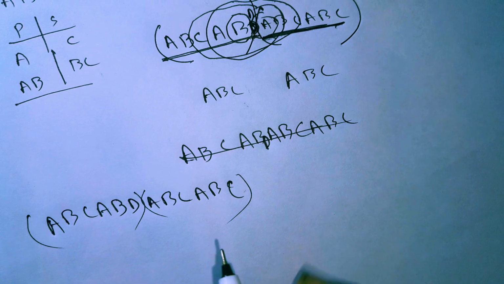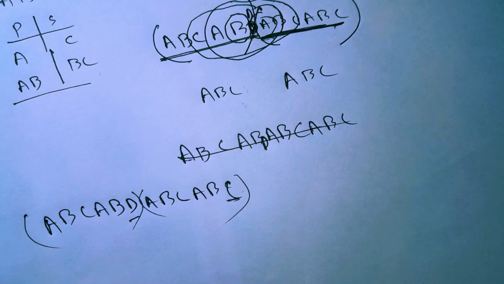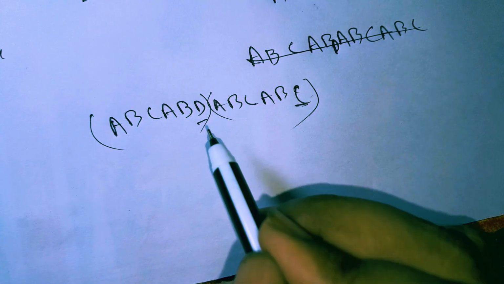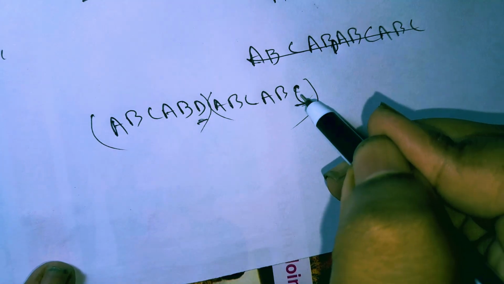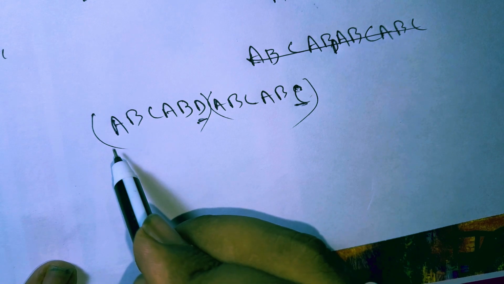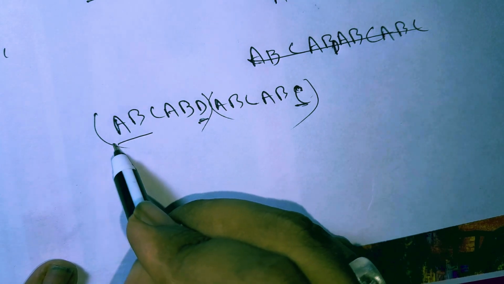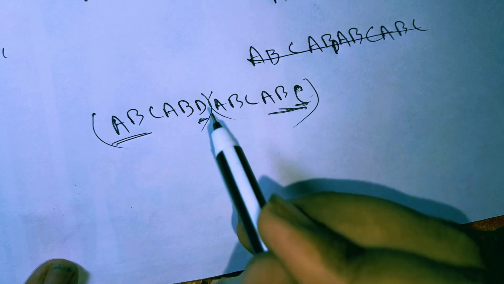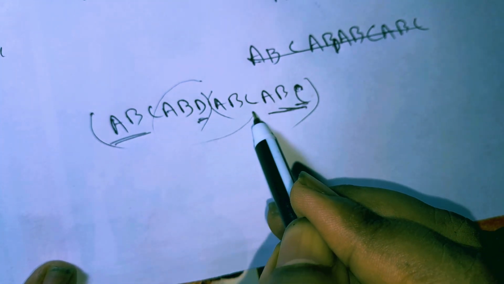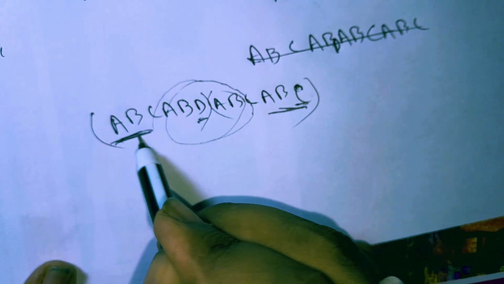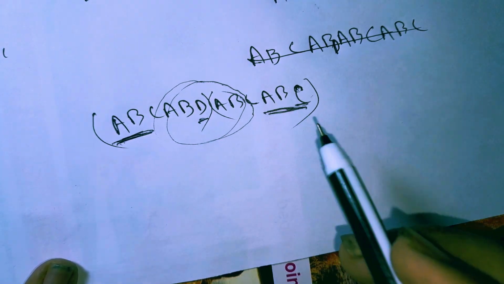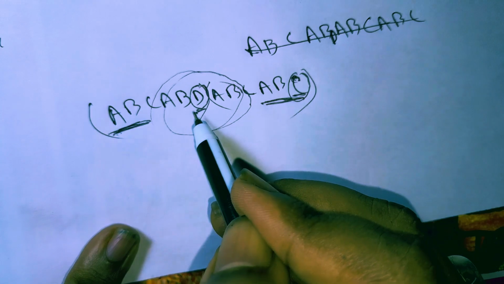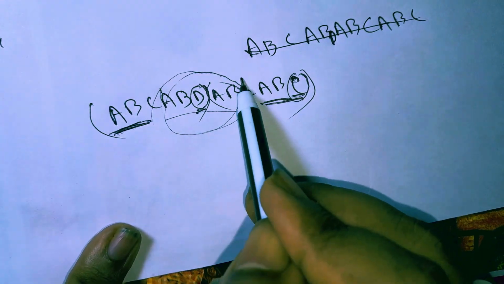So for this mismatch, I cannot say that I am not getting any common prefix and suffix. I cannot say that, because to get the prefix I have to include the first one from the start, and to get the suffix I have to include from the last. Okay, so I can exclude the middle part to match this prefix and suffix. So as there is a mismatch, I can cut the string from the middle.